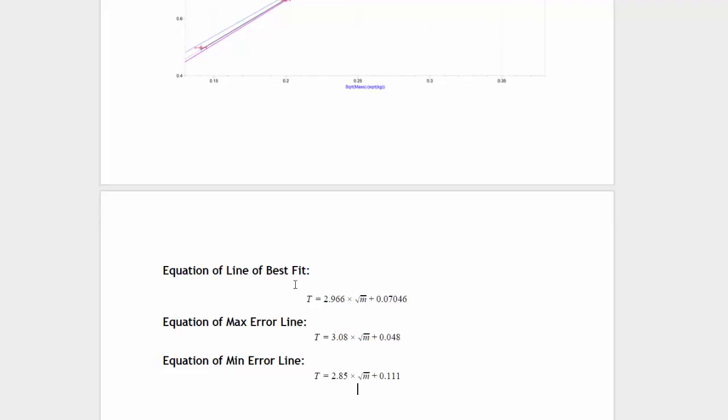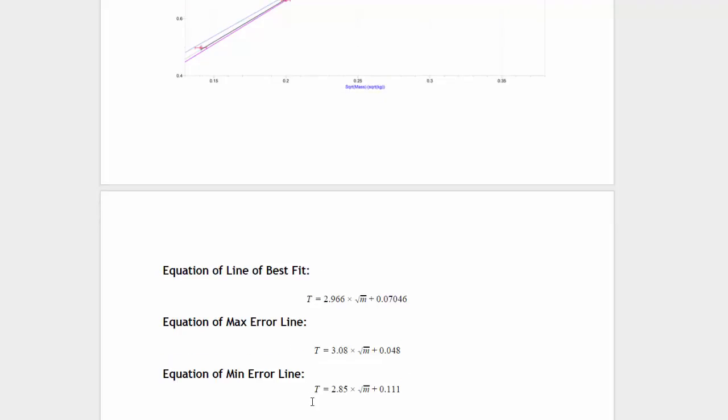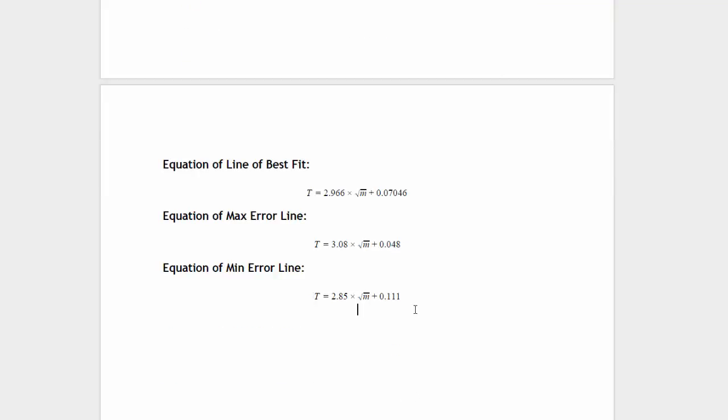So now what we want, maybe I'll just put a little space here to make it nicer. So using the error lines, I can get an approximation of the range of the y-intercept and the gradient.